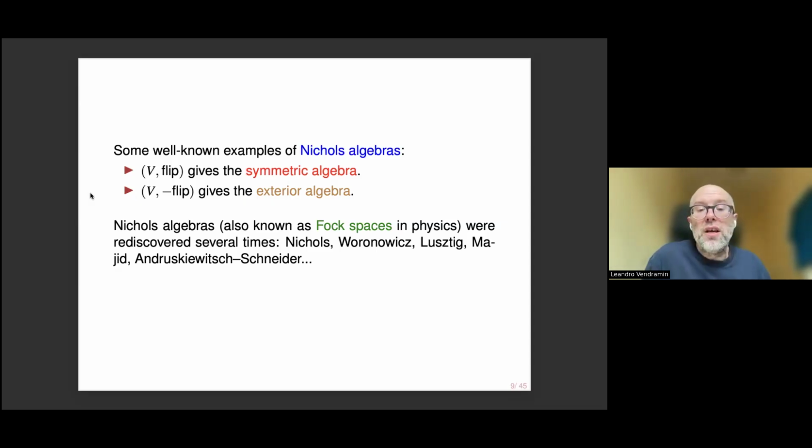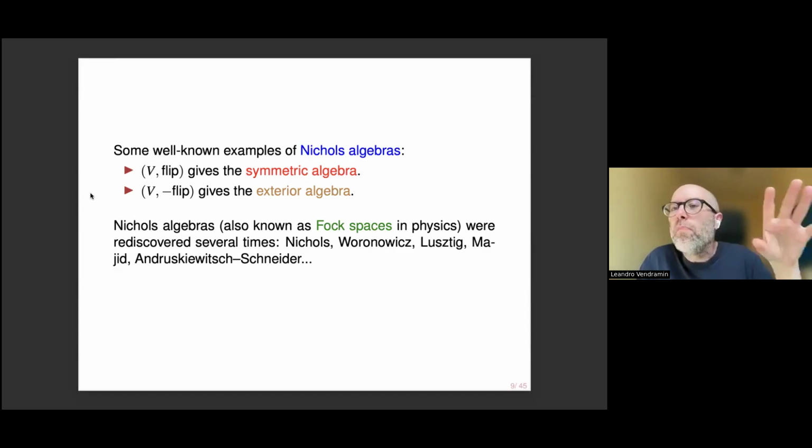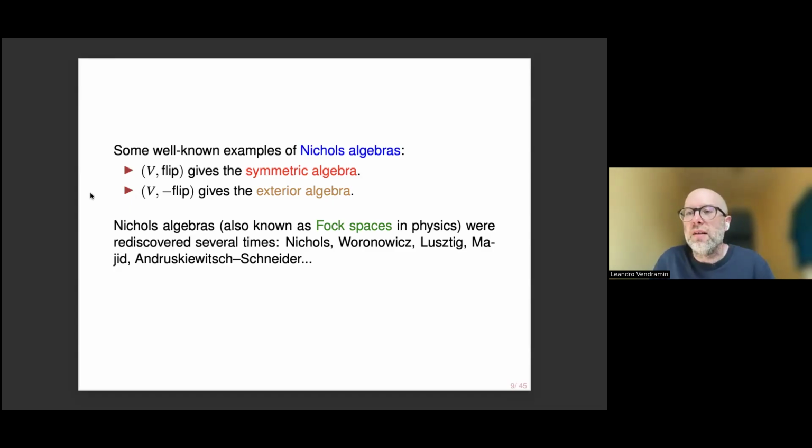In fact, these Nichols algebras were found independently by different people. Several people rediscovered Nichols algebras. In physics, for example, they are known as Fock spaces. Of course, in physics, since they don't care about finite dimensionality, they need some extra completion. But algebraically, this is just the object you are dealing with. And in pure math, they first appeared in a work of Nichols in the 70s, studying a certain type of Hopf algebras.